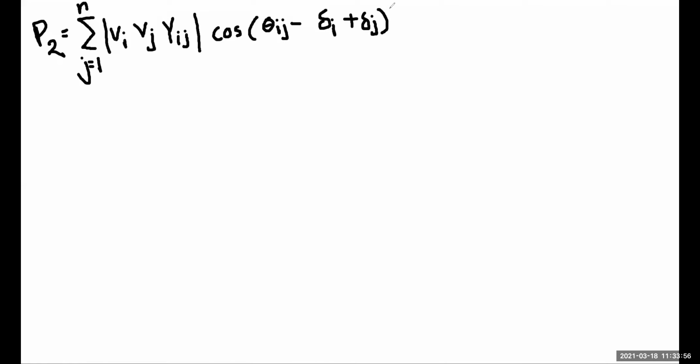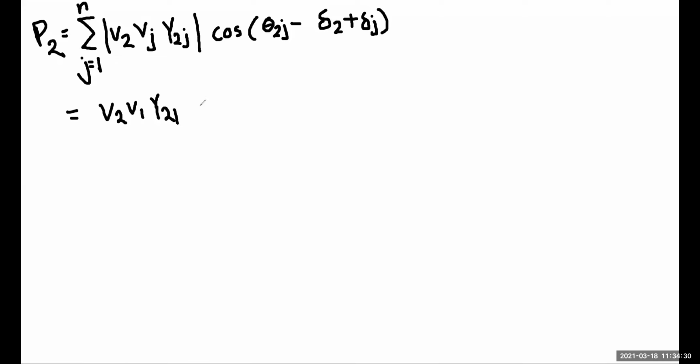So here, if we put in place of I, let's put 2. Okay, now expand this formula. So you have V2, V1, Y21. That means when the value of J is 1.